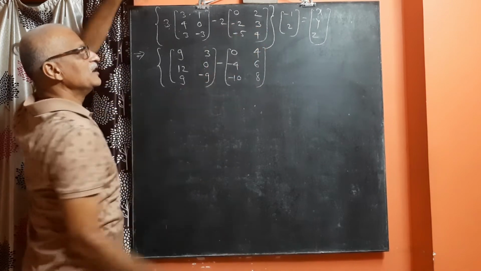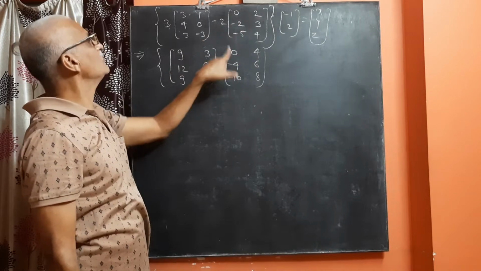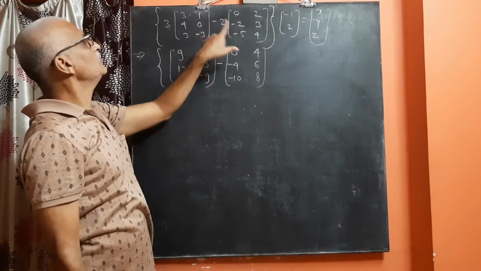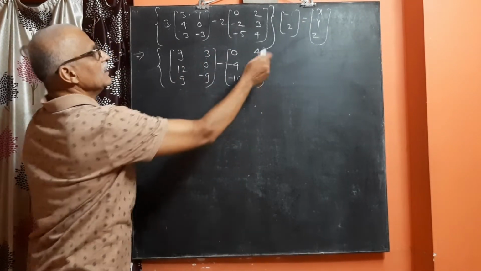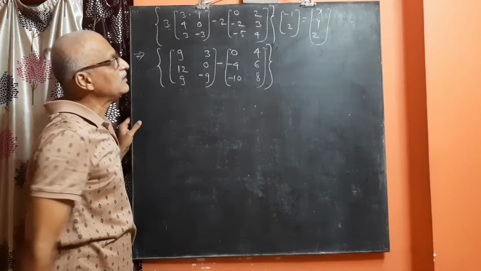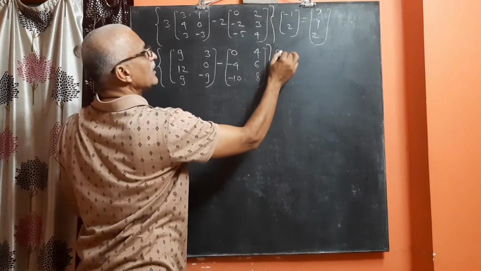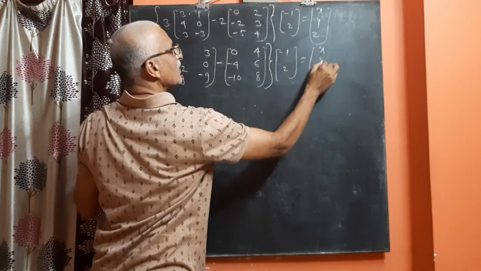Multiplying 2 inside of the matrix: 2 0s are 0, 2 2s are 4, 2 minus 2 is minus 4, 2 3s are 6, 2 minus 5 is minus 10 and 2 4s are 8. The curly bracket complete into the column matrix minus 1 2 is equals to column matrix x, y and z.